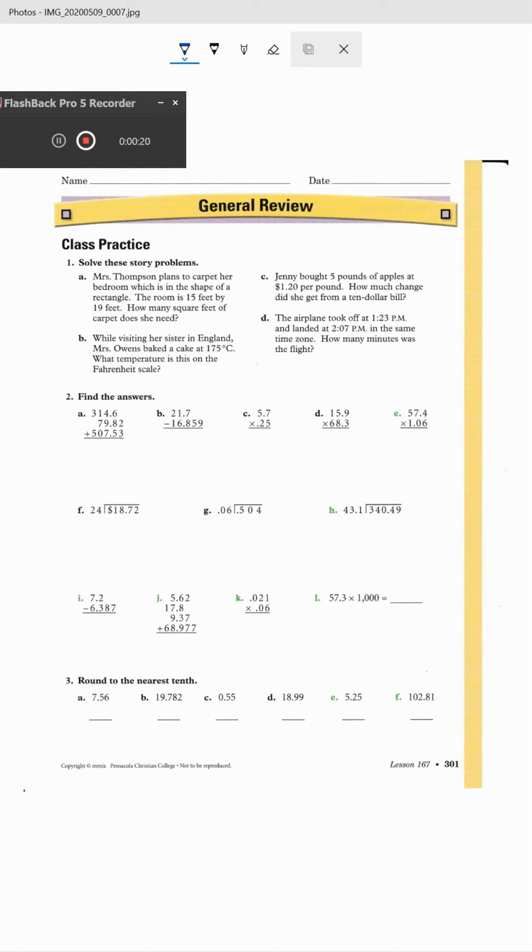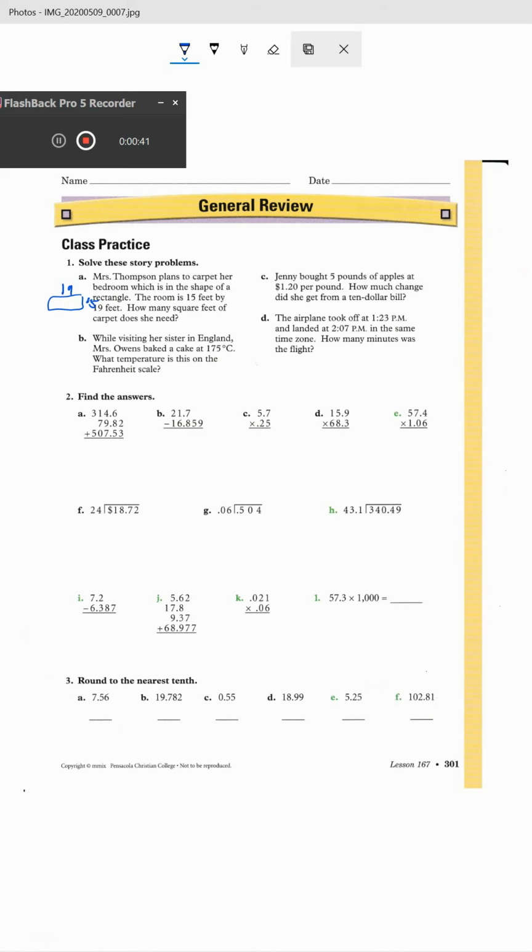Mrs. Thompson plans to carpet her bedroom, which is in the shape of a rectangle. I'm going to draw a little rectangle right here. The room is 15 feet by 19, so it's 15 and 19. How many square feet does she need?